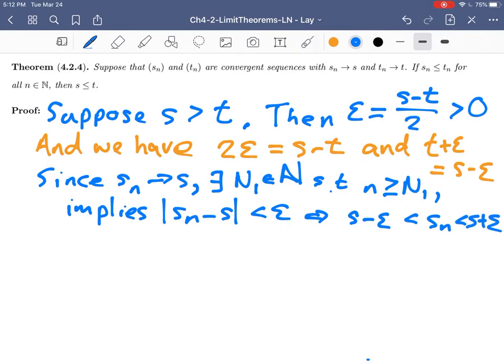So our value of S sub n here has to be within epsilon units of S. So that's what that's saying there.